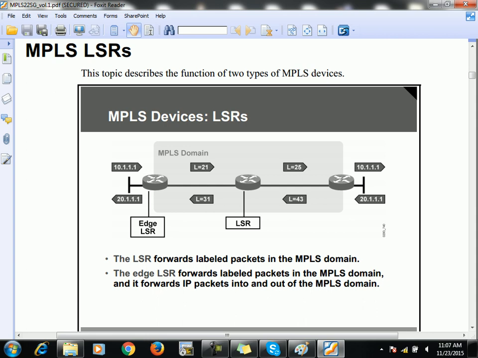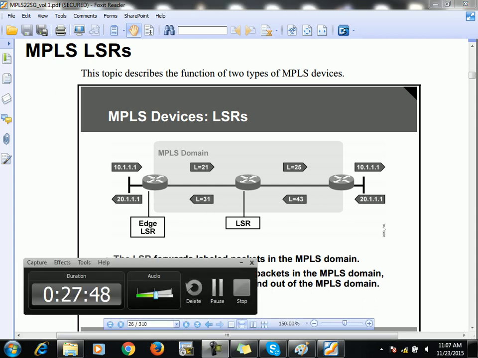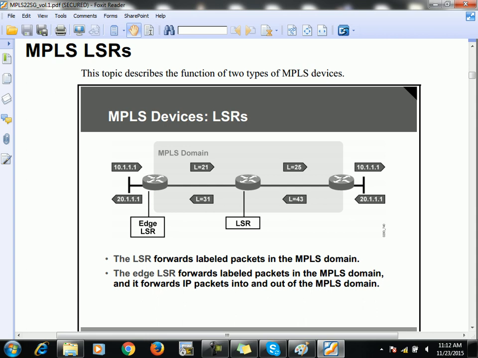And if they receive a labeled packet from the MPLS domain and want to forward it out of the MPLS domain, then they have to remove the label. So this is the difference between LSR and Edge LSR.